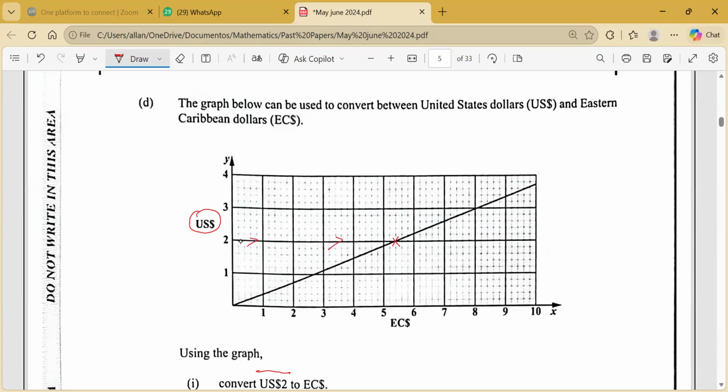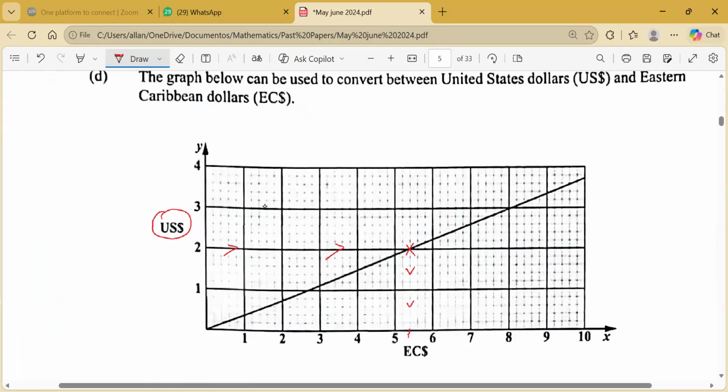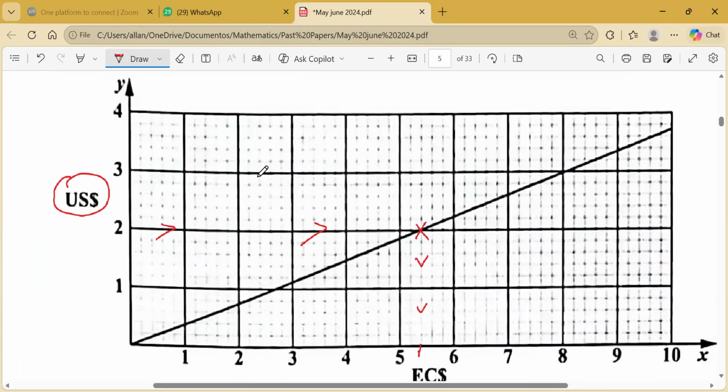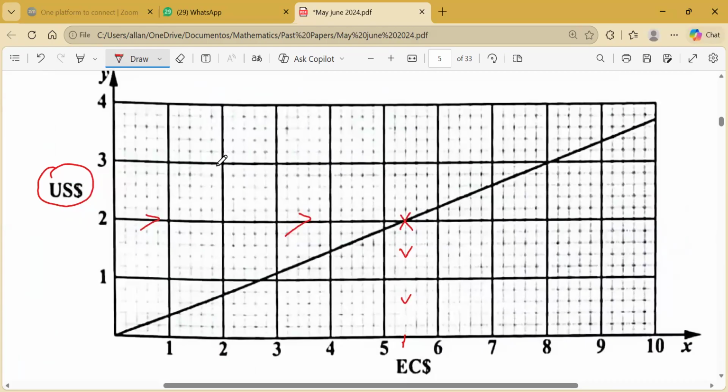So it's $2, so we're going straight across, and of course we're going to come down. So the question is, how much is that? Let me just make this a little bigger for people.